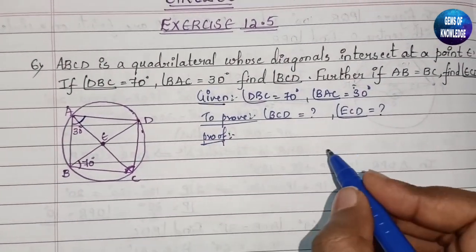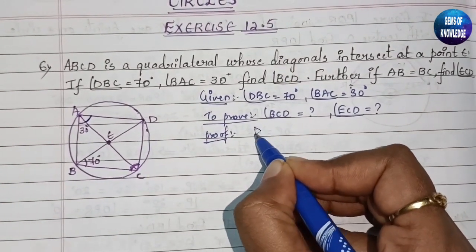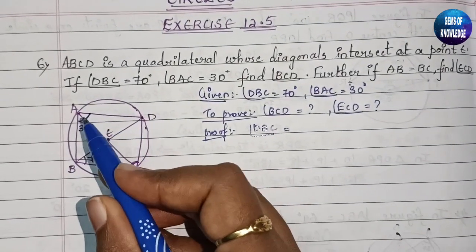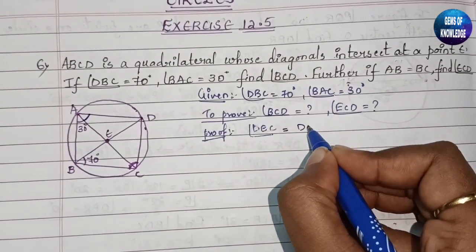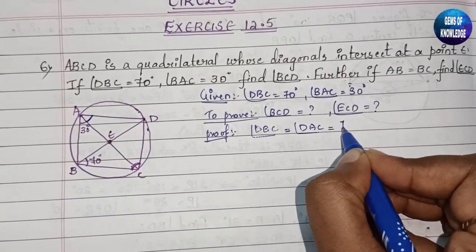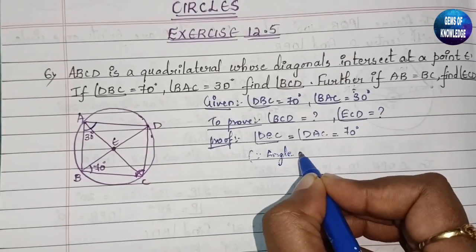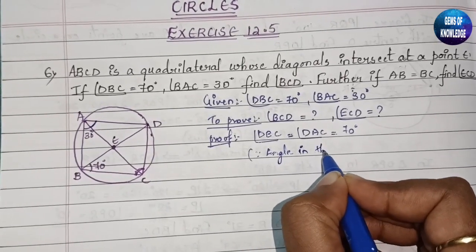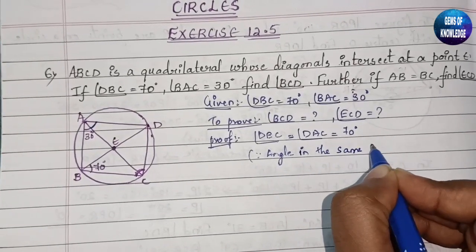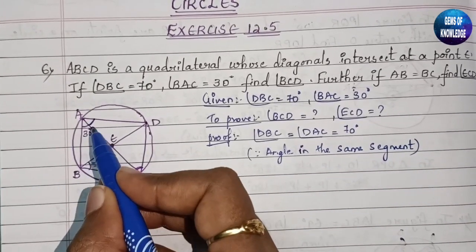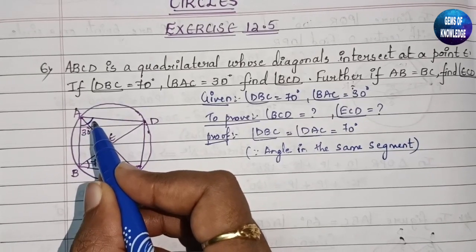We can write DBC is equal to DAC, both are equal to 70 degrees, since angles in the same segment. These are the two angles which are similar, because if this is 70 degrees, this is also 70 degrees.